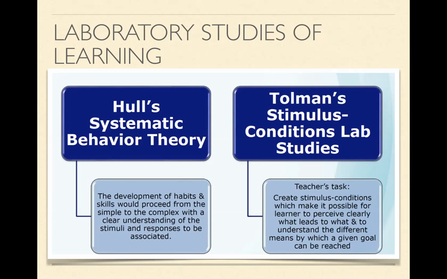So by looking at learning in this way, it really allowed him as a psychologist to measure the strength of intervening variables. So, how particular issues or conditions or circumstances that are happening to a particular group of people are going to have a result or the end result of that.